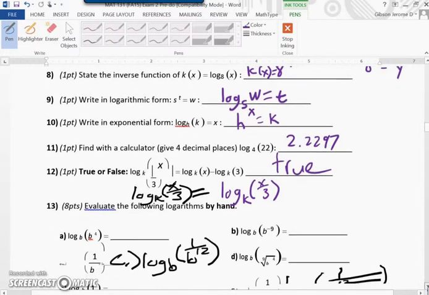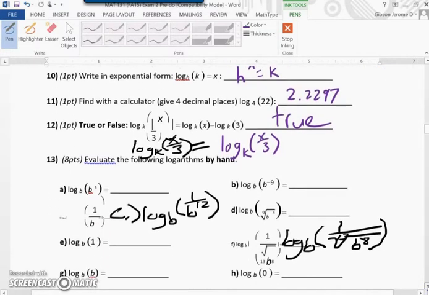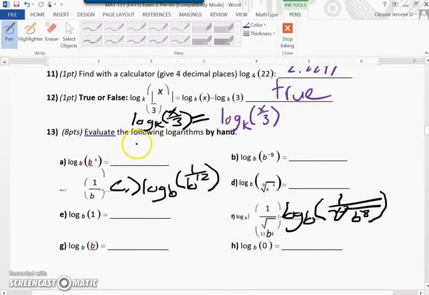Does everyone follow that? Okay, now 13. It says evaluate the following logarithms by hand. We have log base b of b to the 4th. We know whenever we have the base and the base taken to an exponent, they simplify out and just leave the exponent. Now if we look at b, it's the same thing.